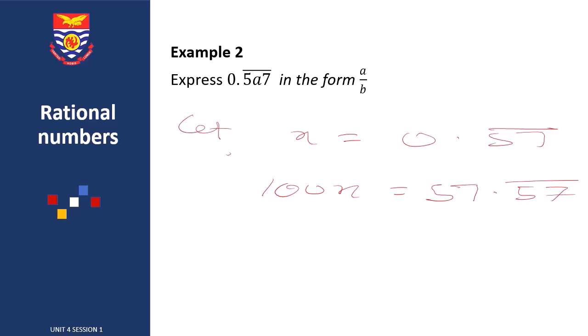I call this equation 2. Then let's find the difference between the two equations. So 99x will be equal to 57, and I therefore solve for x, and x will be 57 out of 99. Very interesting, you can do more.